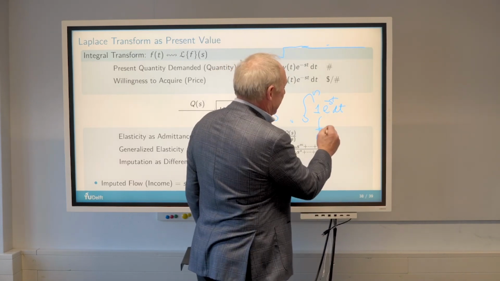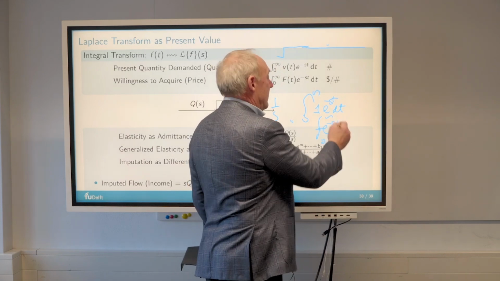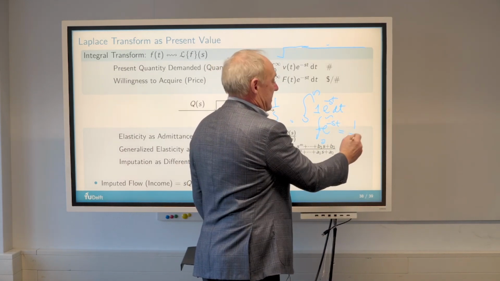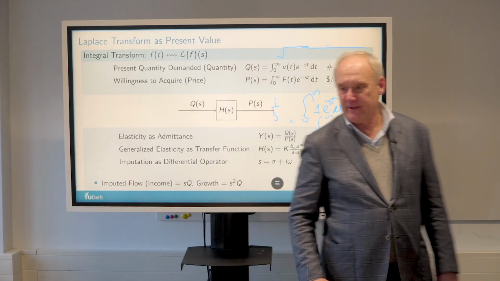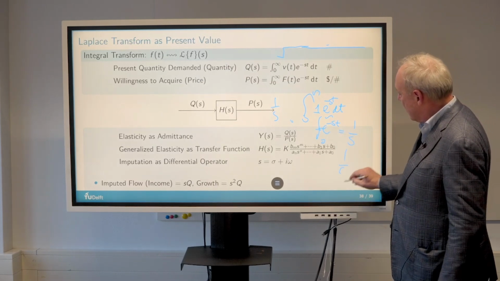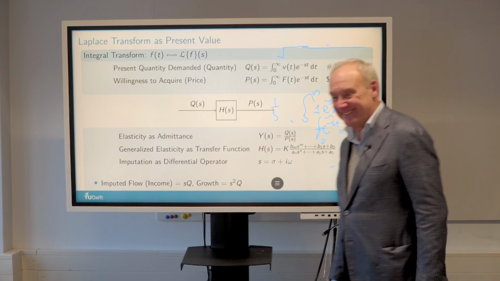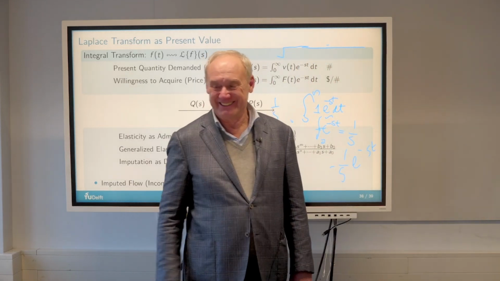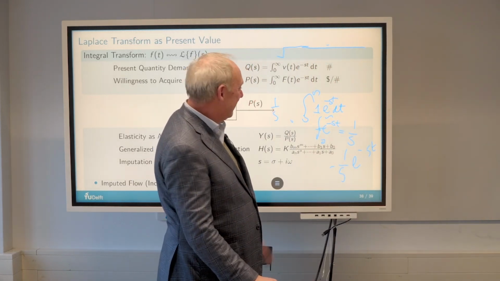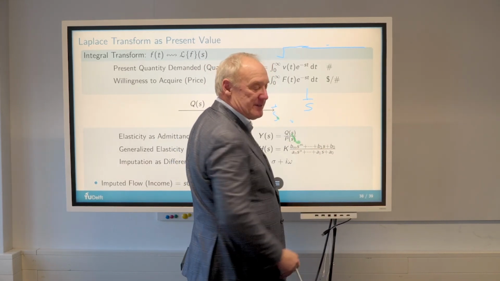What is the integral of e to the minus st between 0 and infinity? It's going to be 1 over s. Sure, you integrate this function, you get minus 1 over s, e to the minus st. But you already knew it. You already told me the answer is 1 over s.